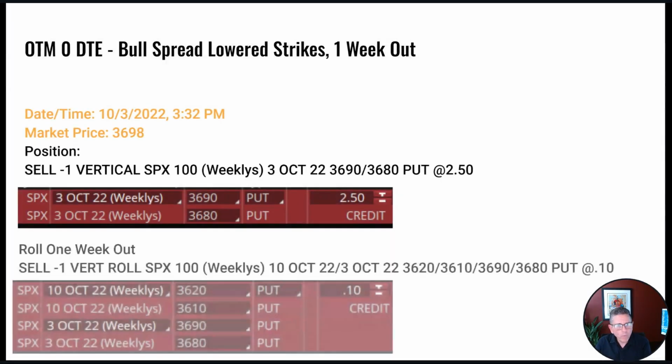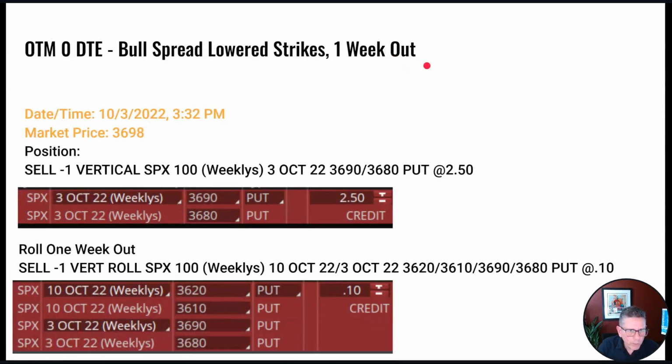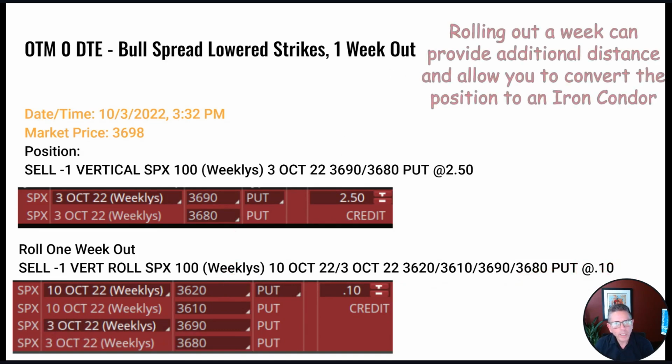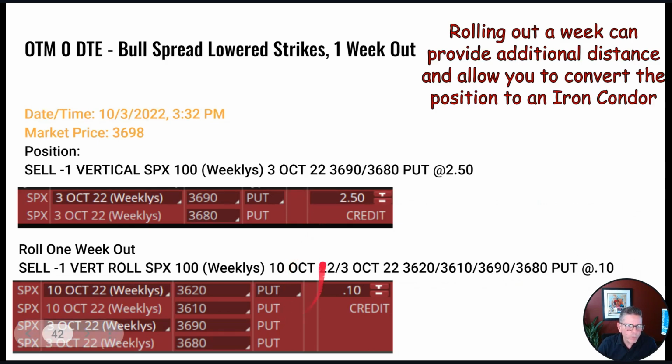Okay, bull spread 1 week out. So moving the position 1 week out. In this case, we rolled it down to get a credit on this, and the best way to manage this is, if the put is in, you want to put on a call spread to give you additional funds for managing it.